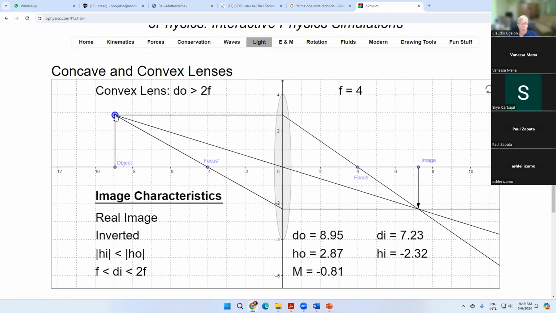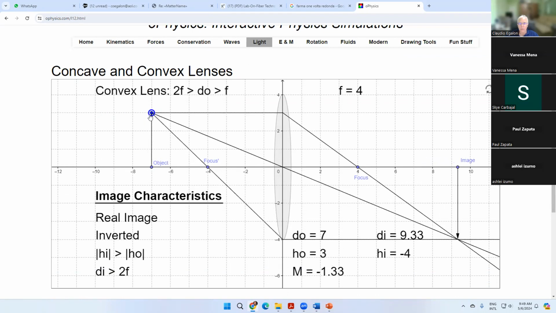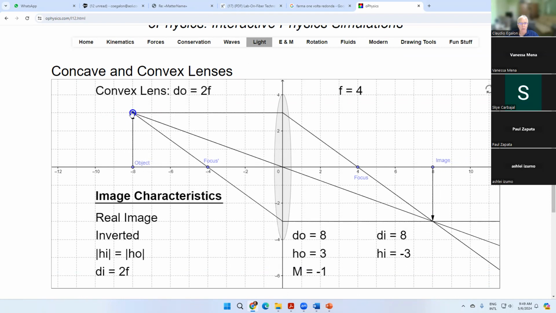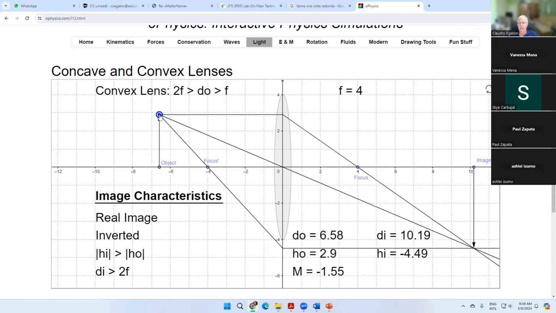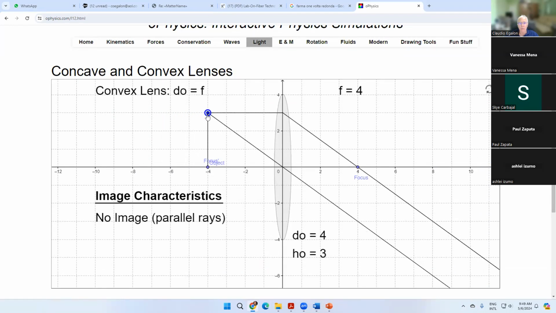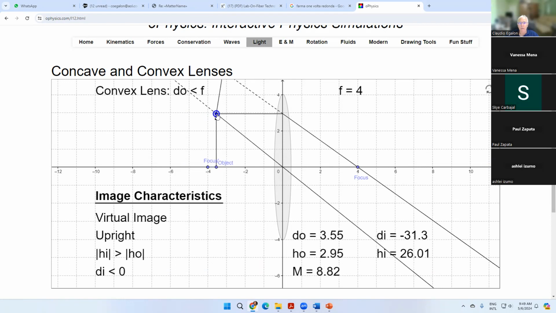As you get closer and closer to the focal point, at twice the focal distance the size of the image is the same as the size of the object. As we approach the focal point, past twice the focal distance, the image starts to increase in size until you reach the focal point here. The image becomes improper.